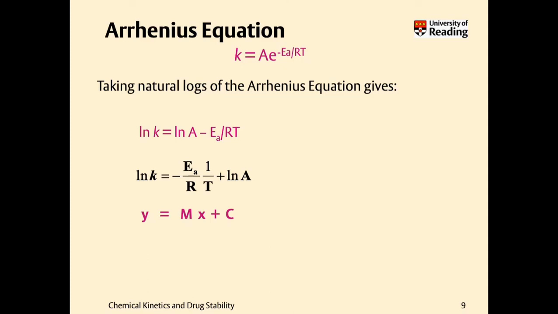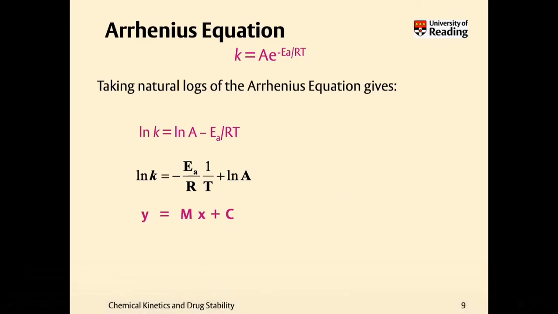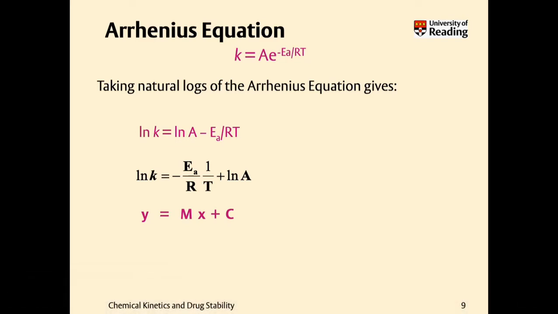So that means that if we plot natural log of k against 1 over temperature, we will get a straight line where the gradient of that line, which is m, will be minus EA over R. Since the gradient is negative, you know that this will be a straight line that goes down as you move from left to right. And the place where it crosses the y-axis will give you natural log of A.